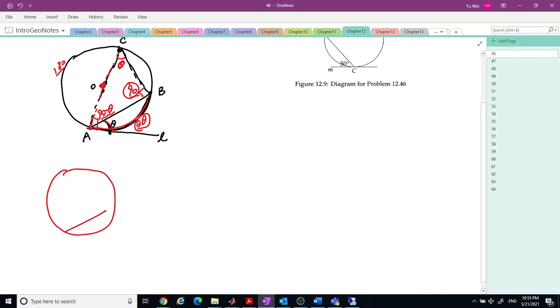The other one is, if we have a chord AB, then we have the arc AB, and this arc is 2 theta. That means the central angle of AB with the center O is 2 theta. Then any inscribed angle ACB will be theta, because if arc AB is 2 theta, the inscribed angle is half of that.